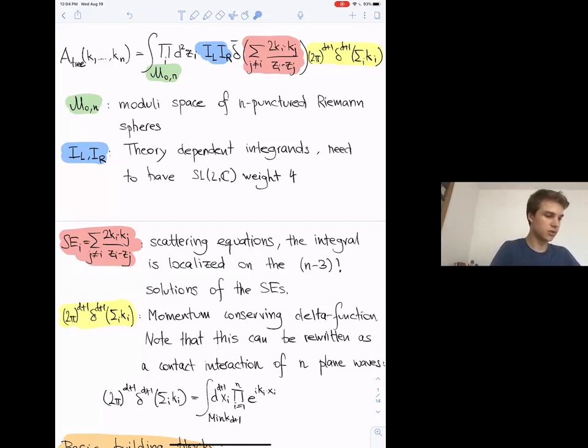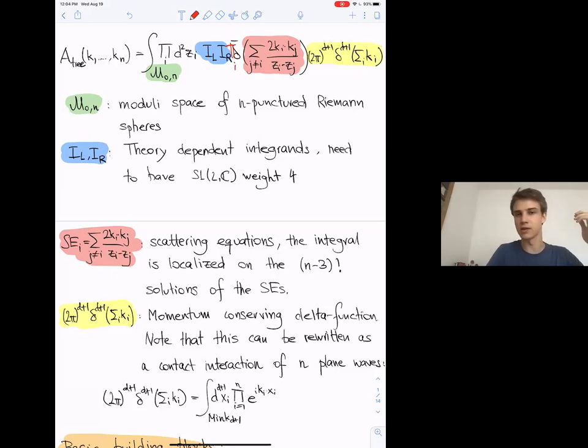I should also mention that since we're integrating over the moduli space of spheres, there's, as usual, an SL(2,C) Möbius invariance. So in fact, I'm writing here n, I guess I should have written a product over i. So I have these delta functions for all the scattering equations.